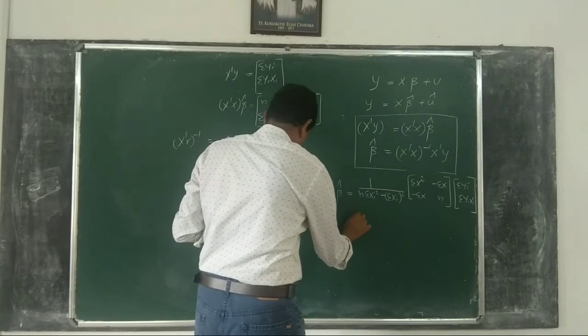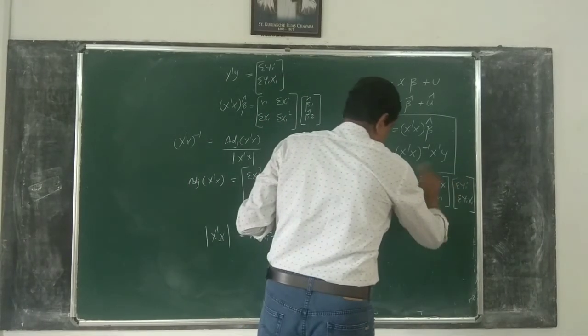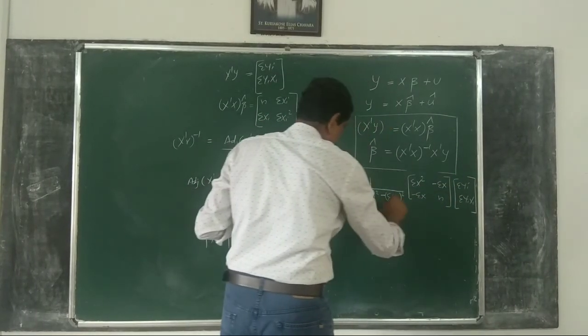This is equal to, you multiply this to this and divide with this determinant.